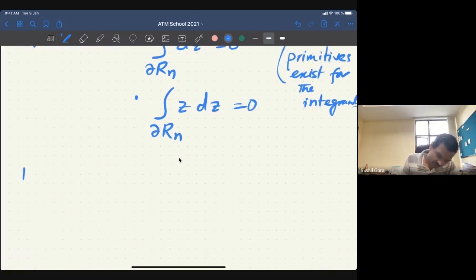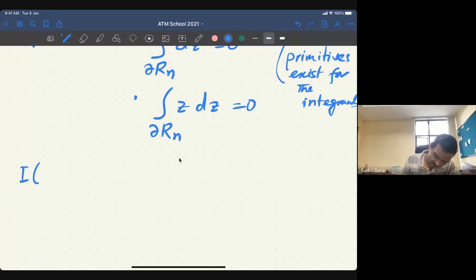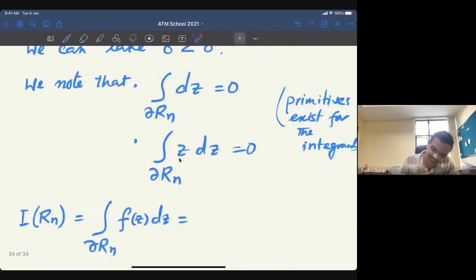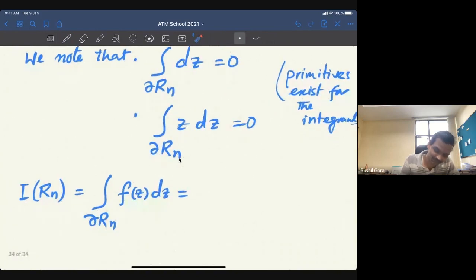Now look at I_Rn. This is nothing but the integration over del Rn of f(z) dz, and since we have this 2, we can add a few things.